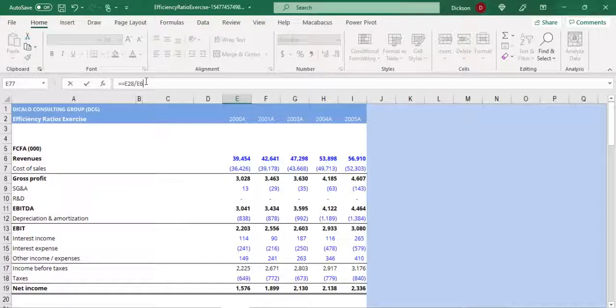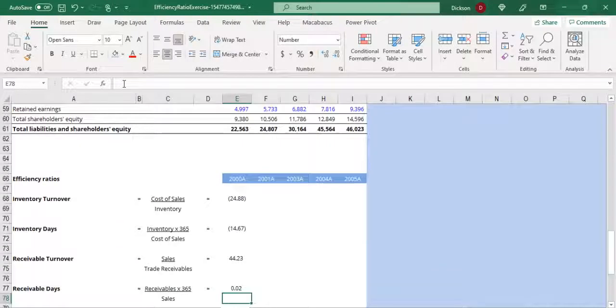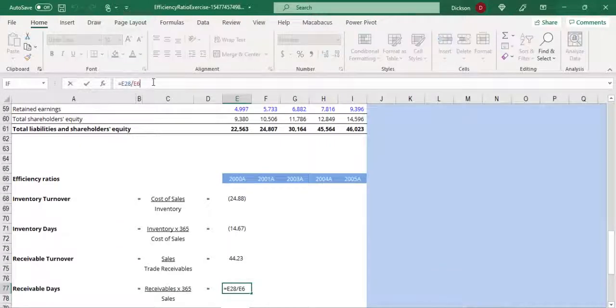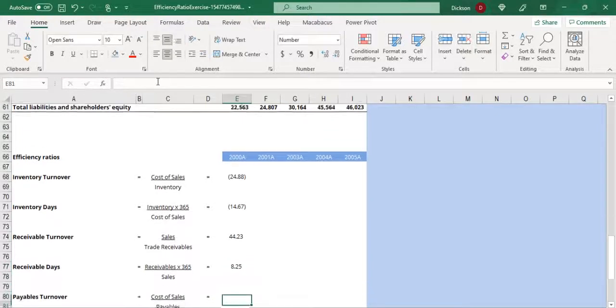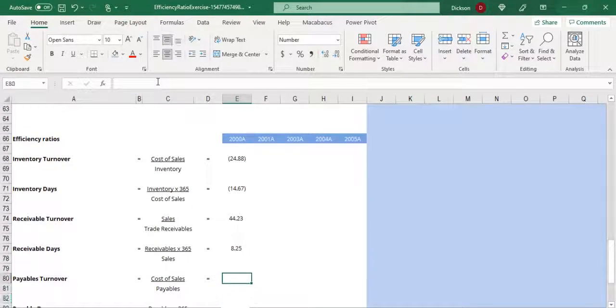Receivables by sales, and then you multiply all by the number of days, multiply by 365 days.